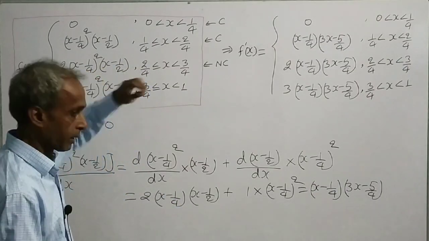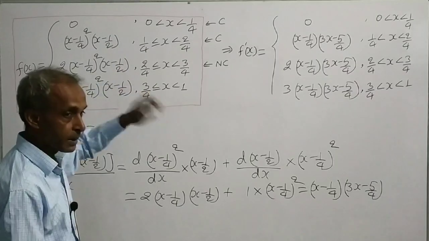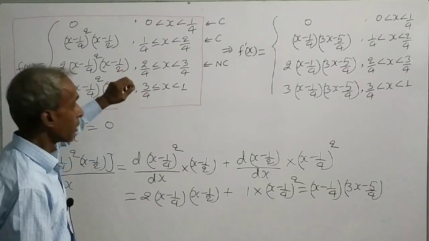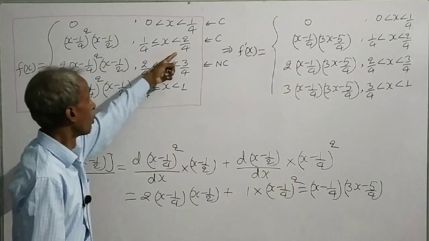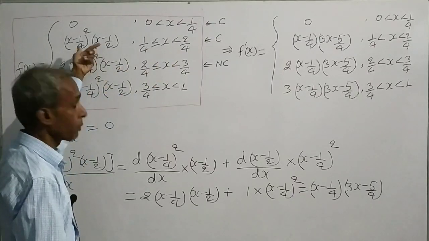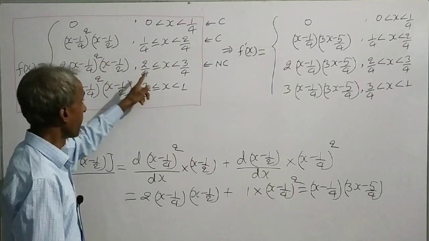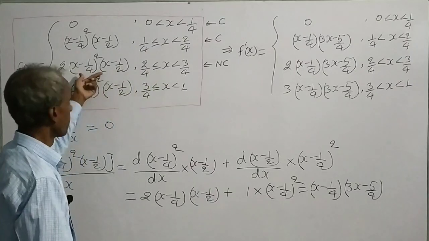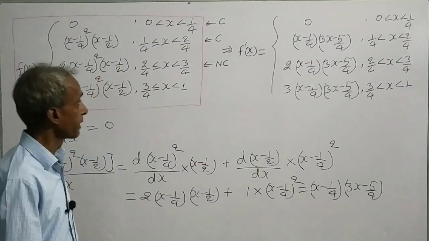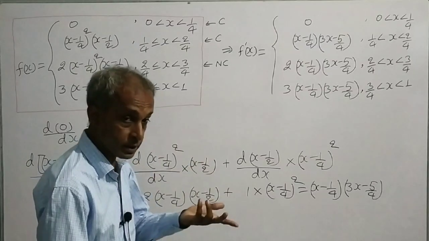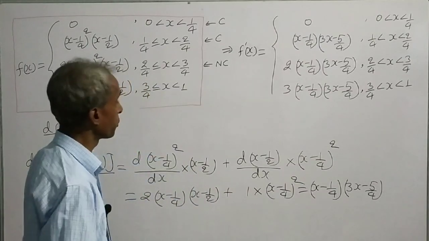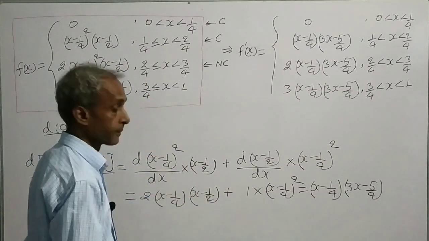When the curve is given by two different polynomials, one polynomial on one side and another polynomial on the other side, then the curve may or may not be continuous at that point.